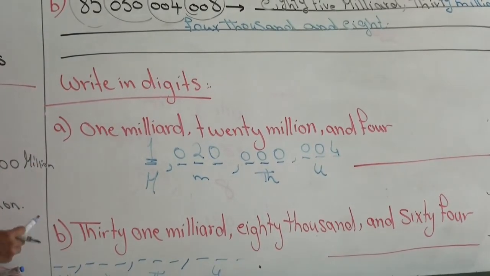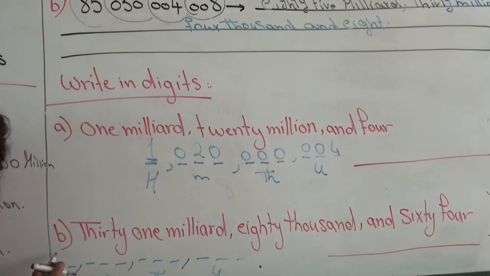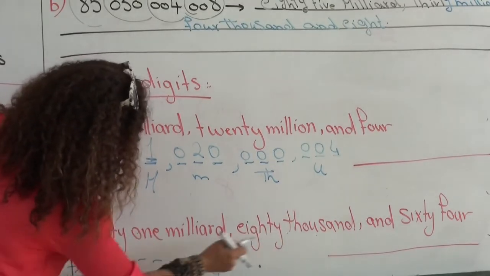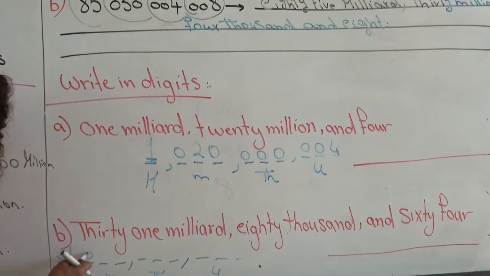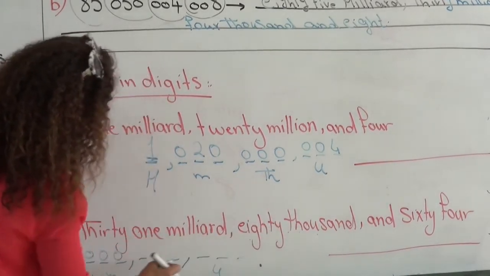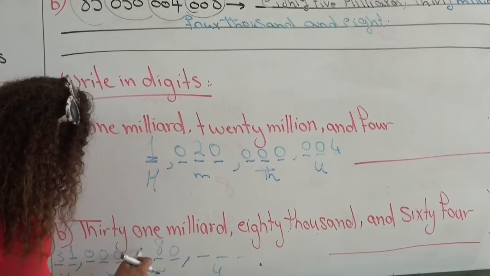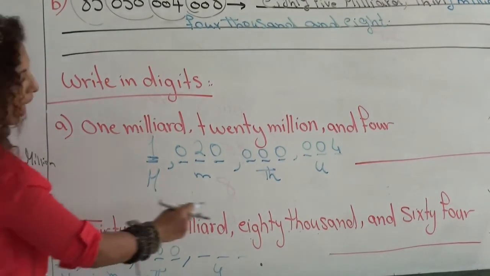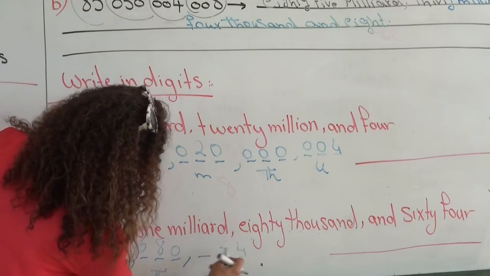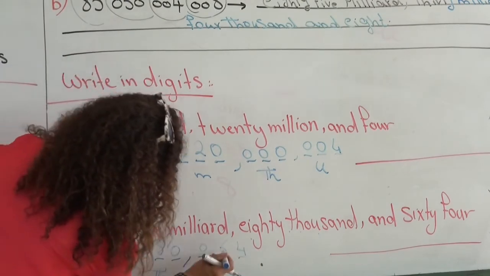So I will write here 31, so it will be 31 milliard and 80,000. I don't have a million, so I will write here 0. In the thousands family, I will write 80 in the middle and last, so I have to write here 0 and 64. Here is 64 and here is 0, okay?